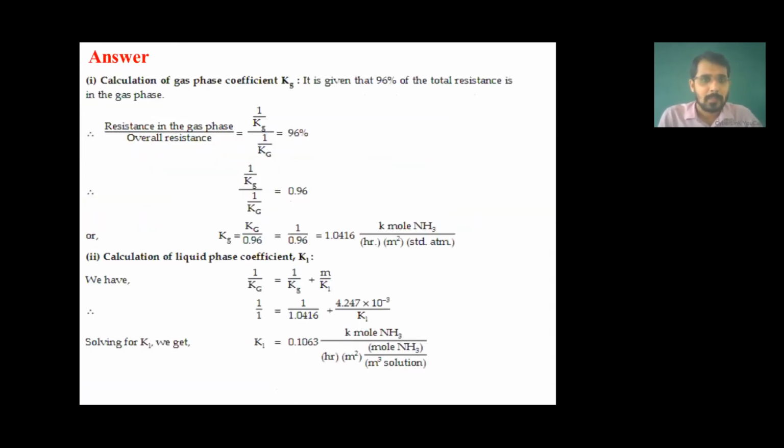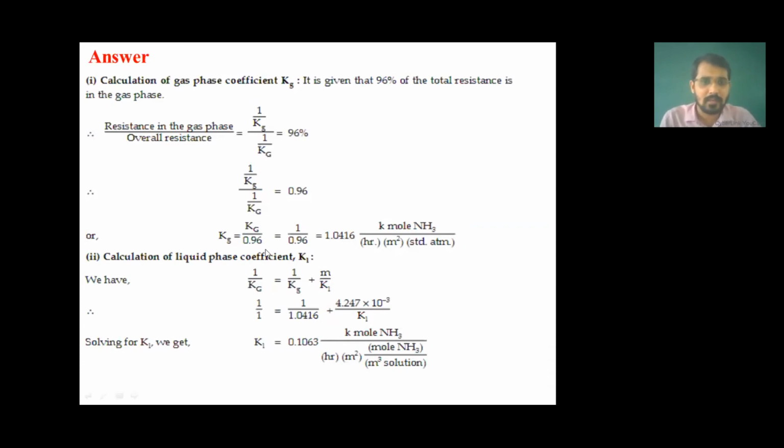So we know this ratio is the resistance in the gas phase to the overall resistance: 1 upon small kg divided by 1 upon capital Kg. 1 upon capital Kg means the overall mass transfer coefficient in the gas phase, and the resistance in the gas phase only is 1 upon small kg. We know this ratio is given here as 96%.